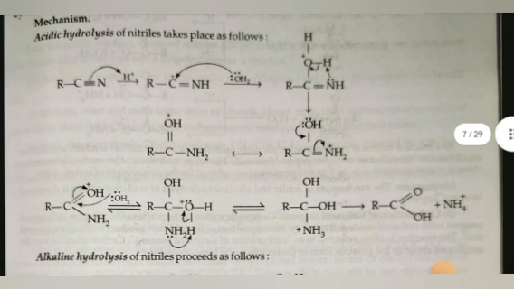Mechanism. Acidic hydrolysis of nitrile takes place as follows. Firstly, the triple bond of cyanide attacks the H+ to give R-C+=NH. Then water, in which the oxygen containing a lone pair attacks the carbon containing the positive charge, forms R-C=NH with the carbon attached to a water molecule with O+ on the oxygen.